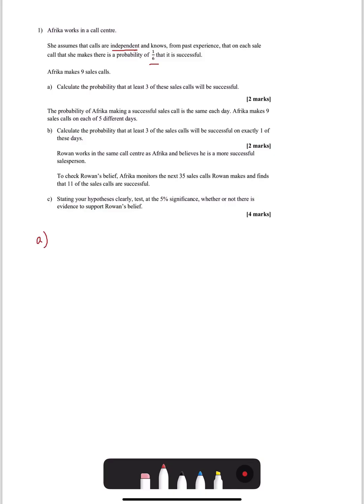So for A, the first thing I can write down is, let X be the number of successful calls. We need to write that down. Then, because they're independent and a discrete variable, I can say that X is binomially distributed, with the number of trials 9, as there were 9 calls, and the probability is the same for each one, so again I know it's binomial.